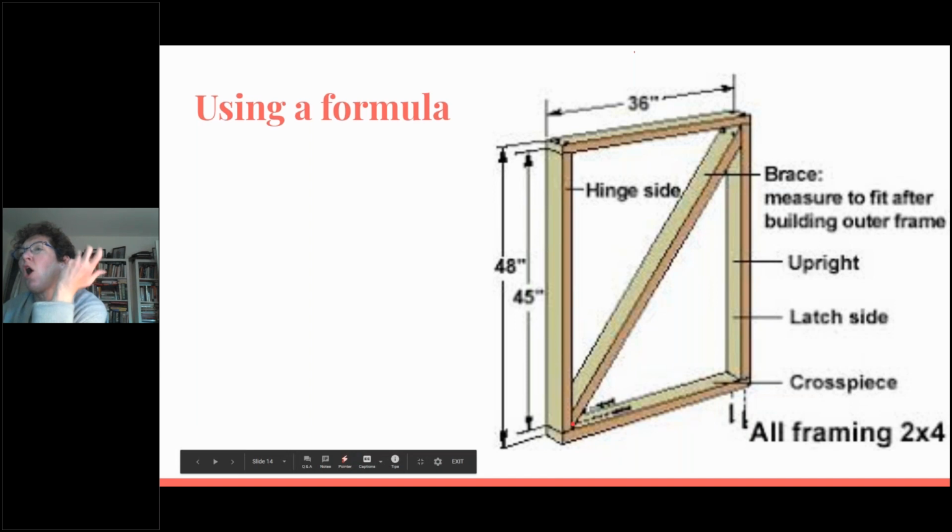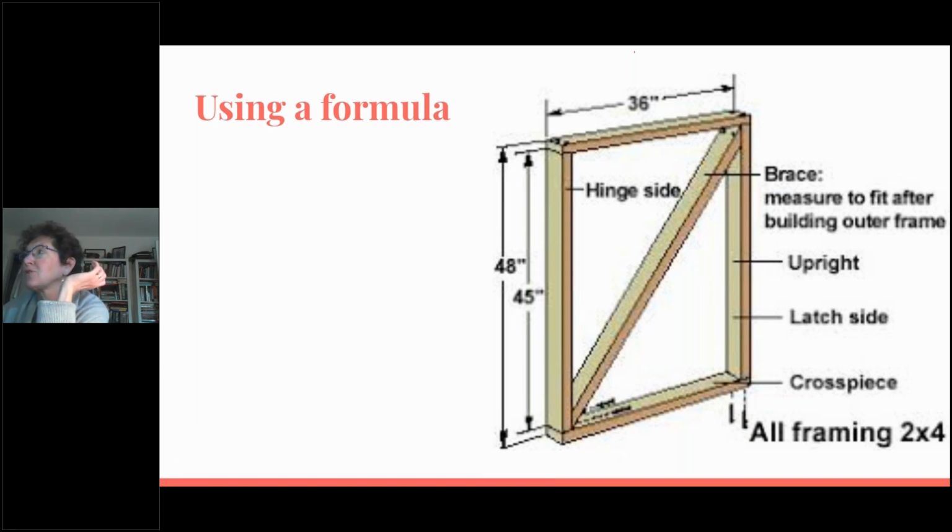So we call those measurements different things depending on whether it's a rectangle or a triangle or a square, but really it's using the same numbers. So we're using different words depending on the shape, but the numbers remain the same.